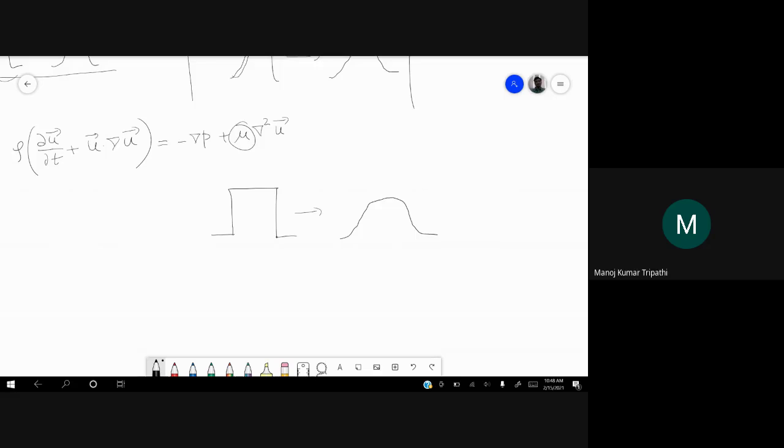And also you will see that some Fourier modes will come out like that. So this is known as numerical dispersion. All the waves will not have the same velocity. Some waves will lag and some will lead. Some Fourier components will start leading and some will start lagging. So the final solution you will get will look like this. This is known as numerical dispersion.